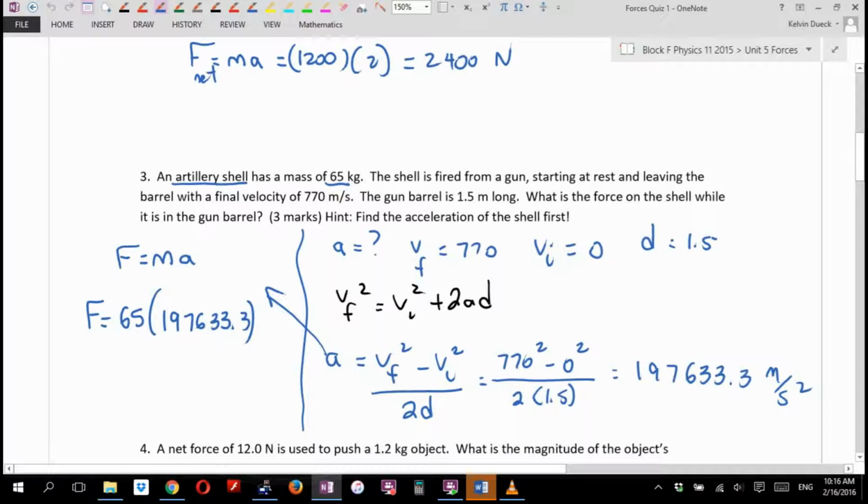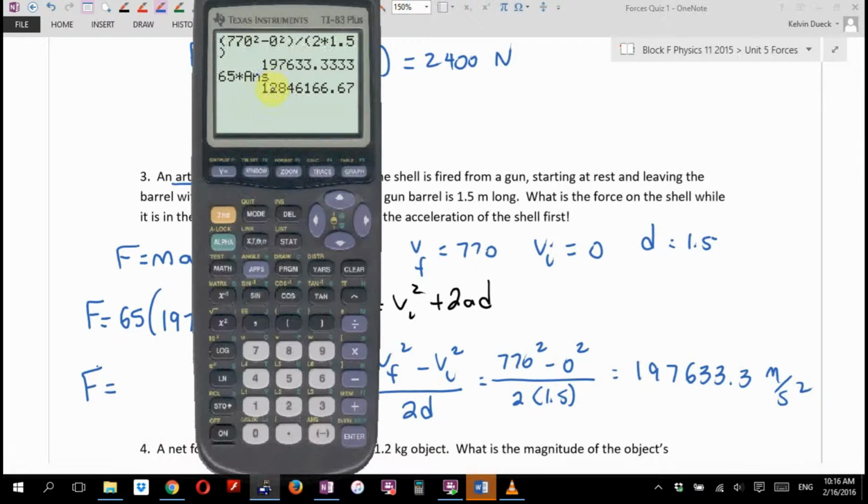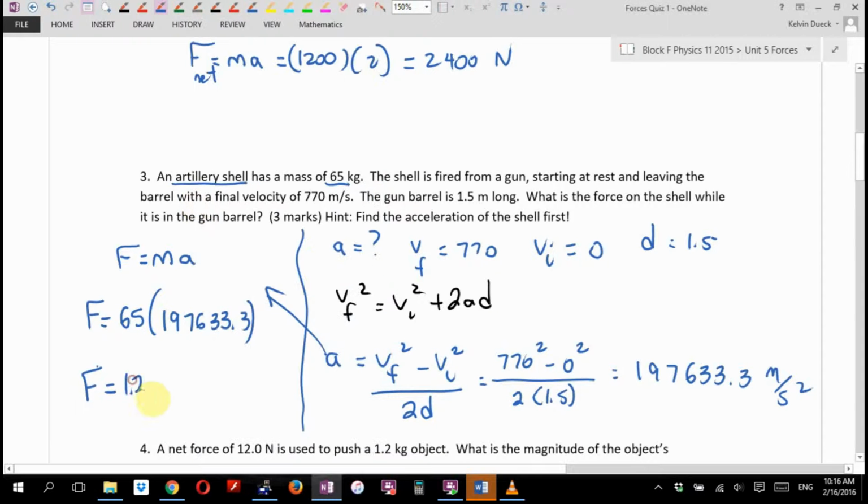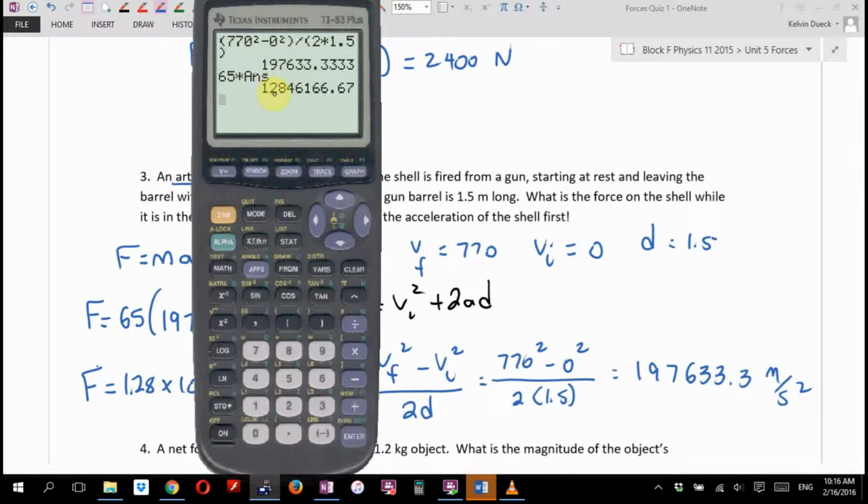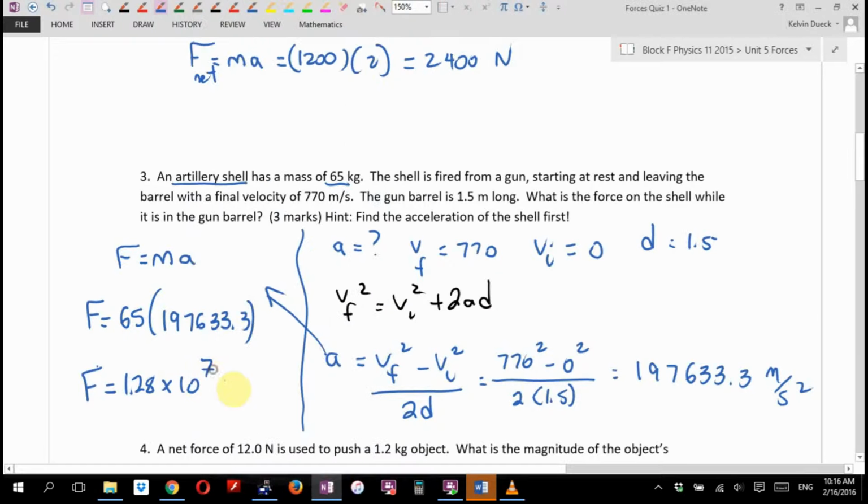Because we're going to get F equals, I'm going to go scientific notation, 1.28 times 10 to the, because this is big enough that it's worth 7, I think. And it's a force. What do I measure force in? Newtons.